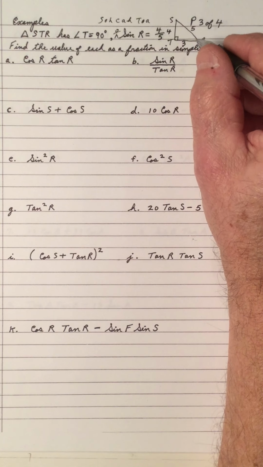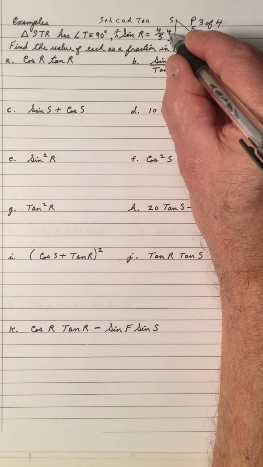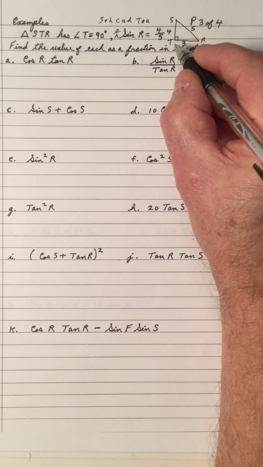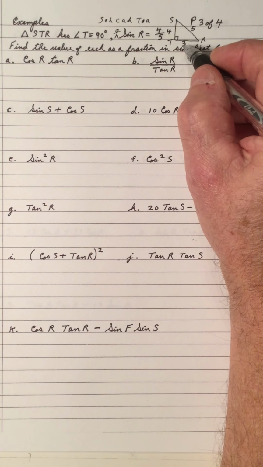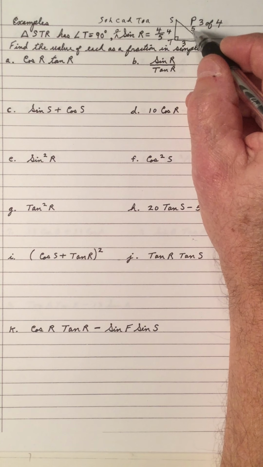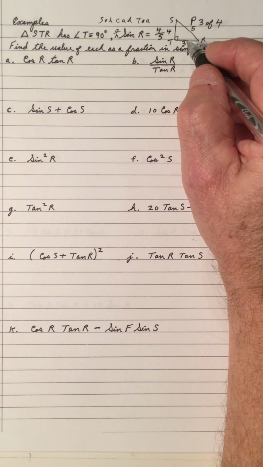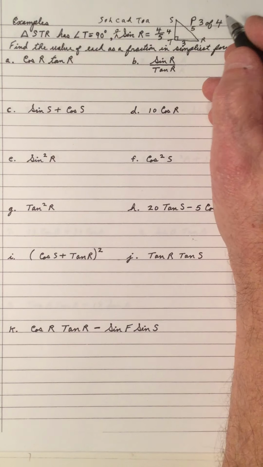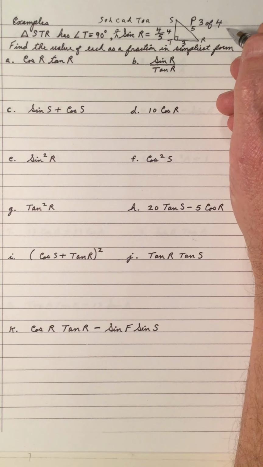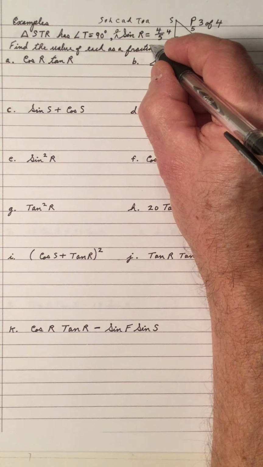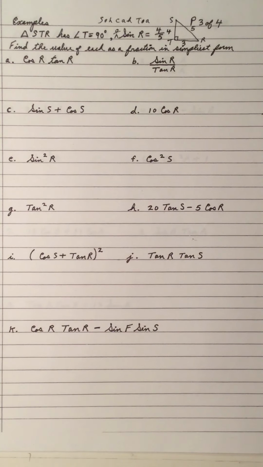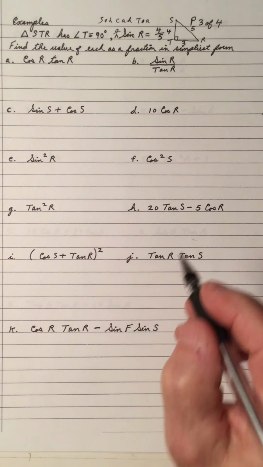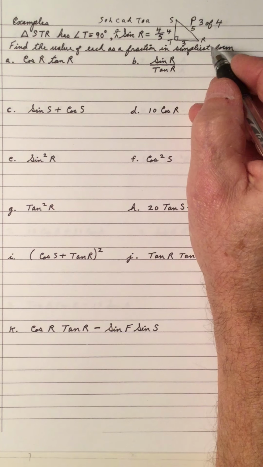But if you memorize some of them, like 3, 4, 5, and there's a 6, 8, 10, 9, 12, 15. Then there's a 5, 12, and 13 that you should memorize. Several triples you should memorize, it makes it easier if you don't have to work them out. So here we go.